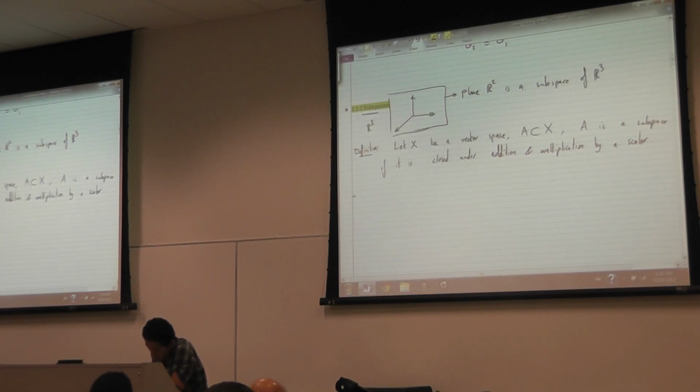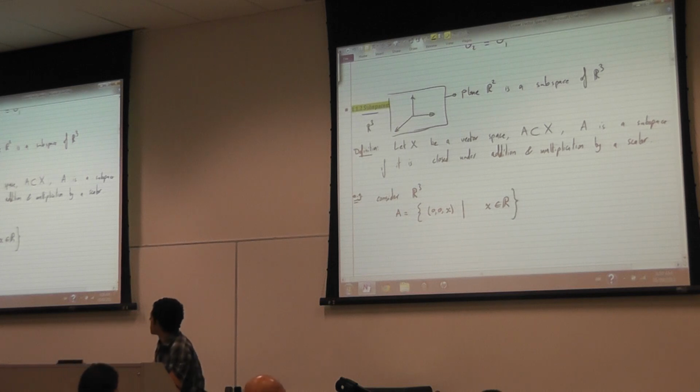Example. Consider R3. A is equal to (0, 0, x), where x is a real number. A is a subspace of R3.